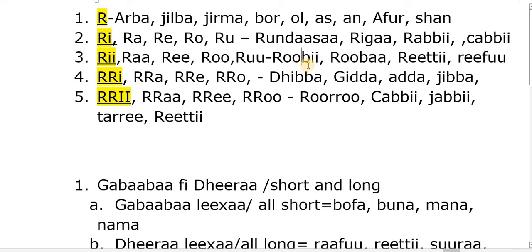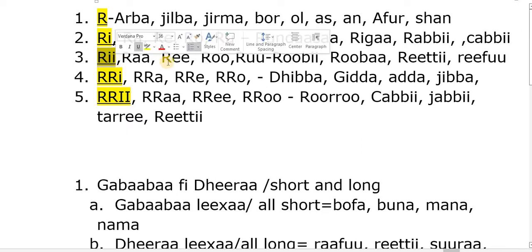It means hippopotamus. Roba is raining, or a name of a person as well. So you can use a dictionary for those. Sorry, I can't translate every word, but this is the right way to write robi, roba, reti, refu, and so on. So this is soft and long.